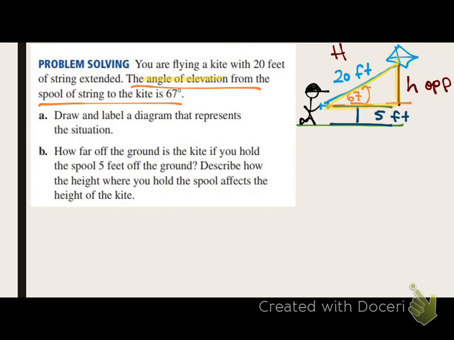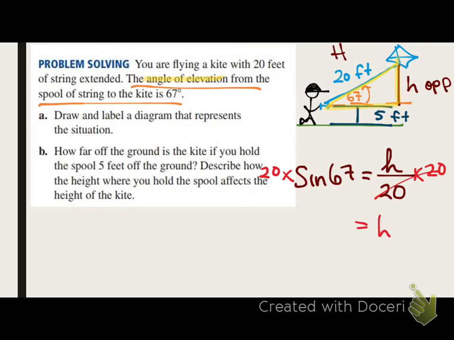Okay, so we're going to use sine of 67 equals the opposite, which is h, over the hypotenuse, which is 20. Do I need to flip this? I don't. Multiply by 20. We're going to round to the nearest whole number just to make our life a little easier.